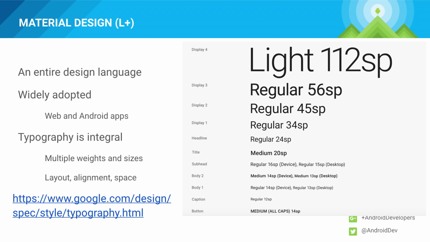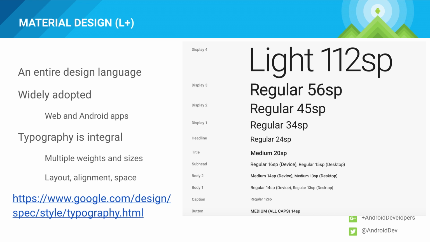And the result of that exploration really synthesized into a set of guidelines, into a coherent design language that incorporates many different elements. It incorporates colors, it incorporates the material metaphors with paper and a three-dimensional effect. And it also incorporates typography.